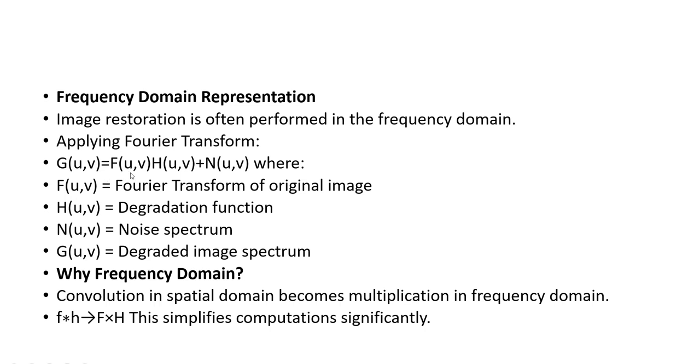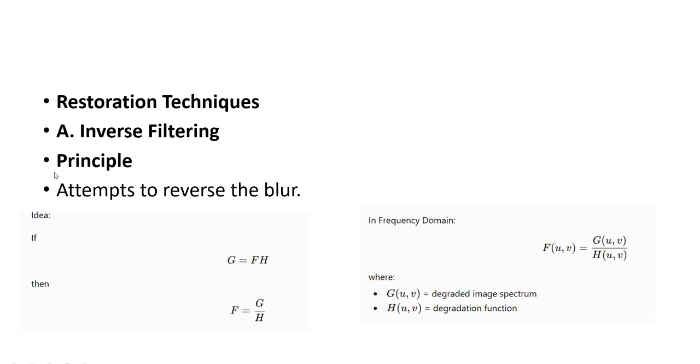Here, G is nothing but my degraded image. If I can pass that degraded image through the inverse of the degradation function, I will get the original image back. That's the whole idea of this restoration.